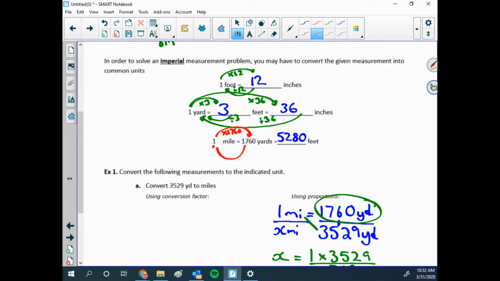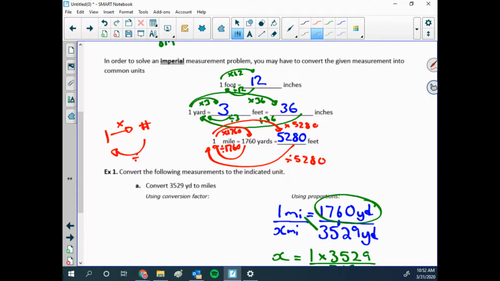And to go backwards, I would divide by 1,760. And the same thing works here. Times by 5,280. And to go backwards, divide by 5,280. So to go from 1 to some number, I multiply. And to go backwards, I would divide, depending on what that conversion factor is, what number I'm going to use.